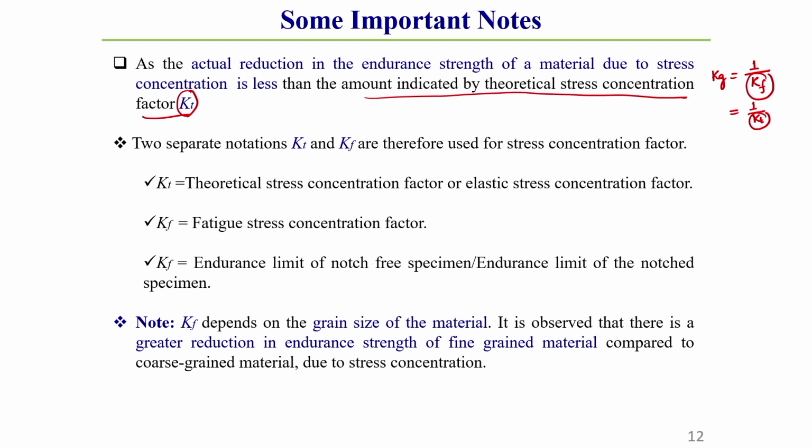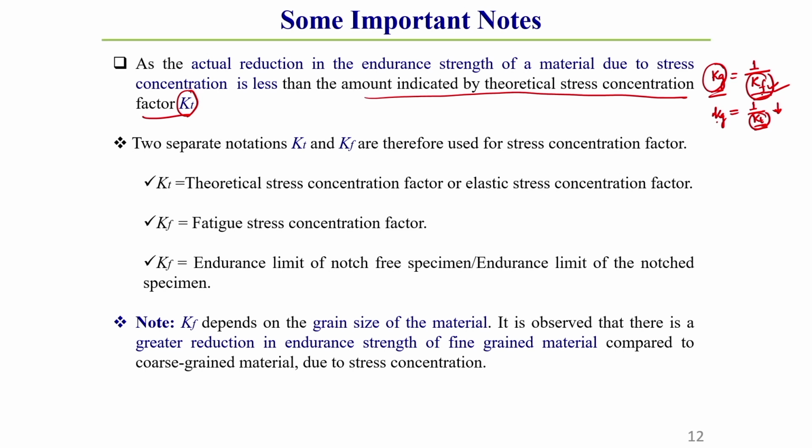With Kt, the Kg value will be less than the one you get if you consider the actual stress concentration effect. Understand what I am telling. I am going to discuss what this Kf is now.